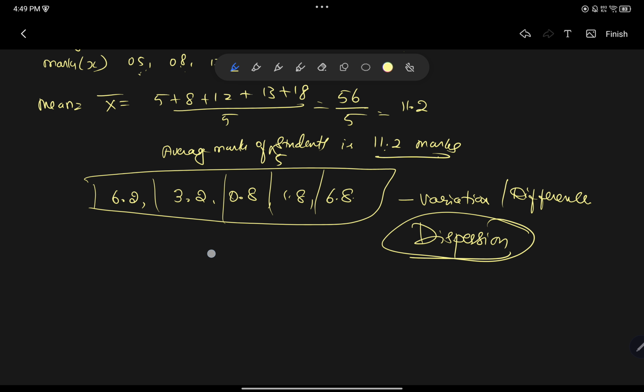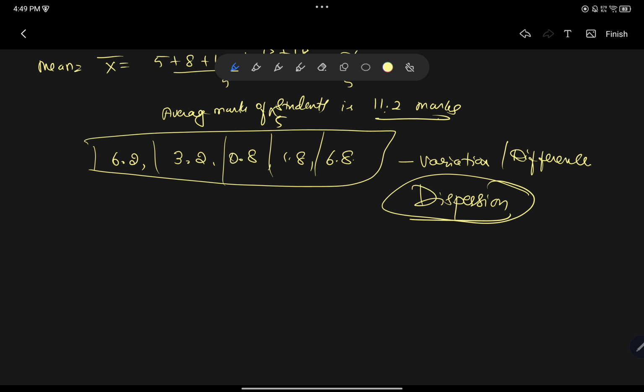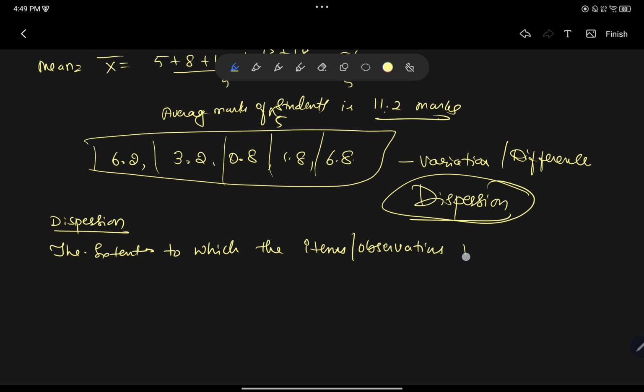The concept of dispersion says the extent. In the examination, if they ask you the meaning of dispersion, dispersion is the extent to which the items or observations vary, that is differences from some central value.